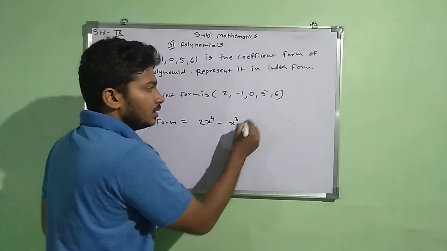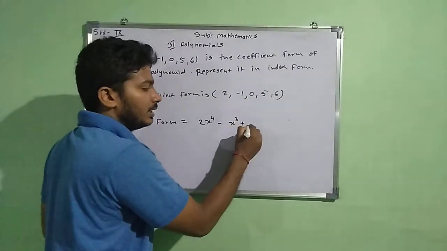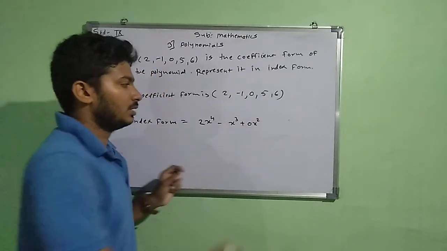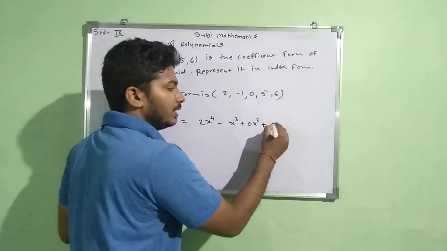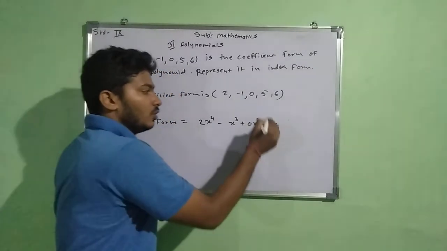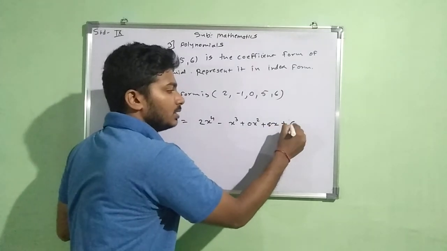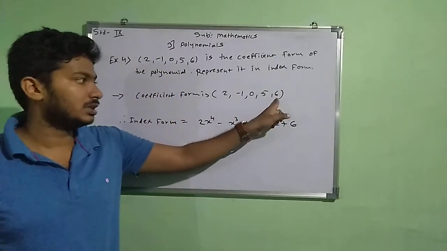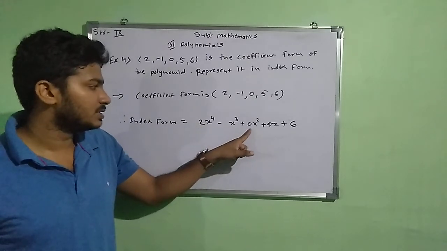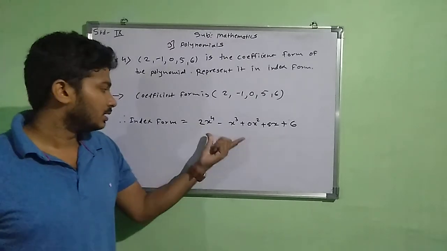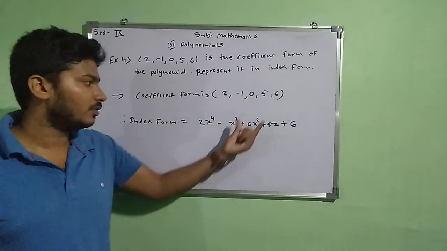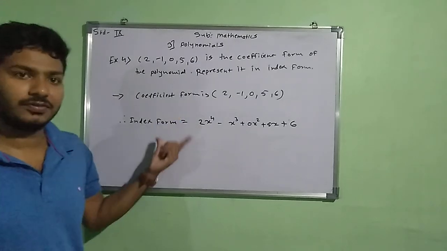After that the third term has degree 2, then the variable with degree 1, that is x with coefficient 5, plus the last term is the constant term, any number. So 2x raised to 4 minus x cube plus 0x square plus 5x plus 6 will be the index form of our given coefficient form. This is how we write the coefficient form into the index form.